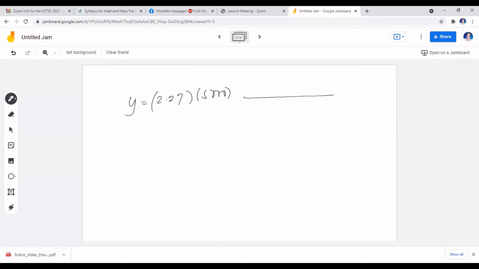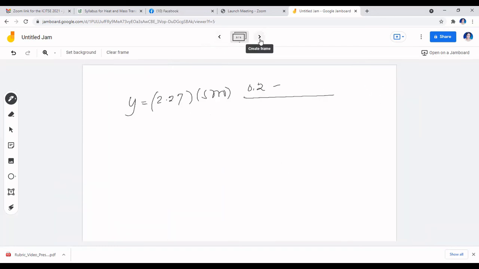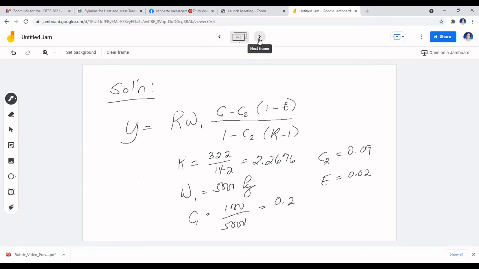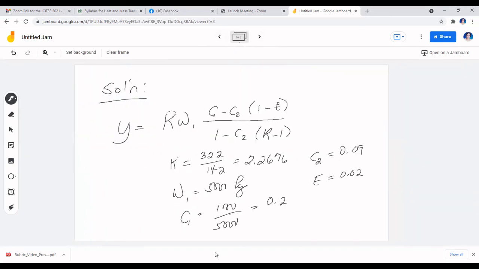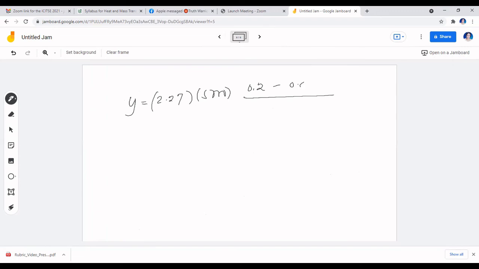There's C sub 1, which is 1,000 over 5,000, minus C sub 2, which is 0.09, times 1 minus 0.02, the 2% water evaporated.